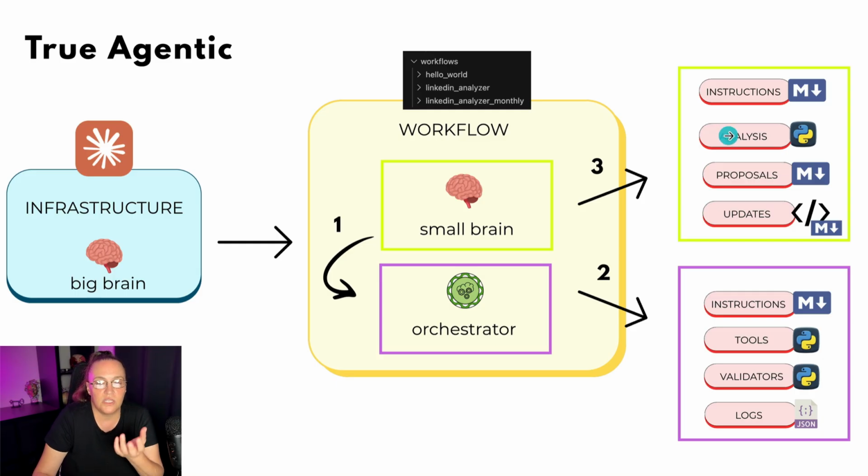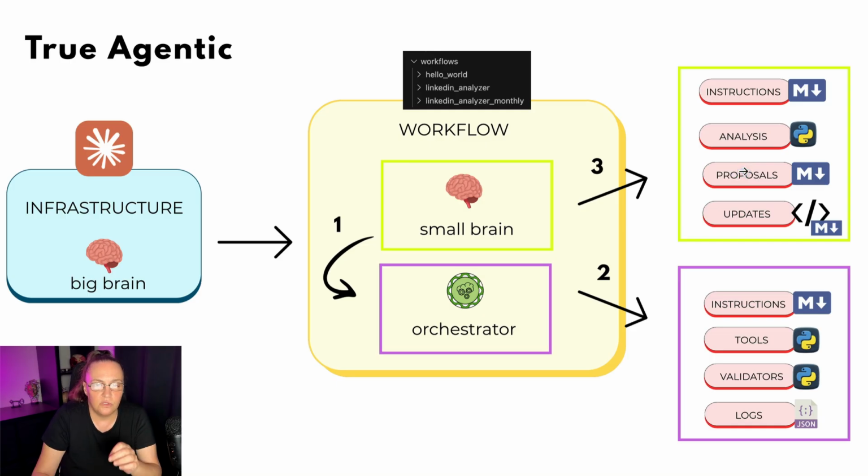What are the things that are not working? Maybe in the output, there are things that are being looped constantly and need changing. Doesn't matter. After it analyzes all the logs, it creates a proposal on what needs to be updated.